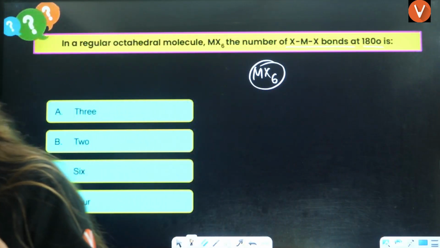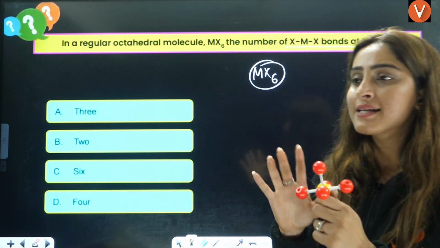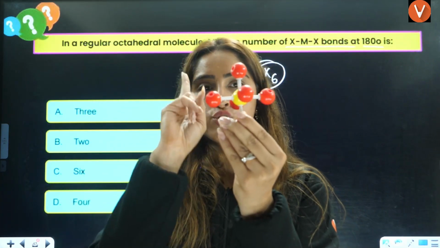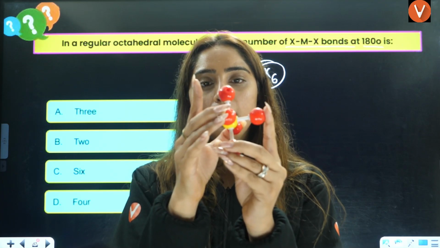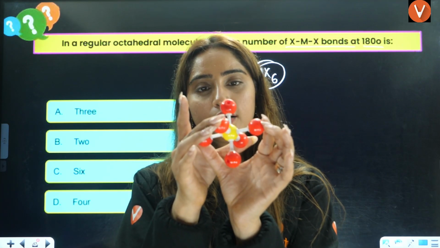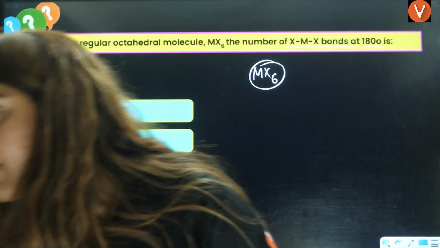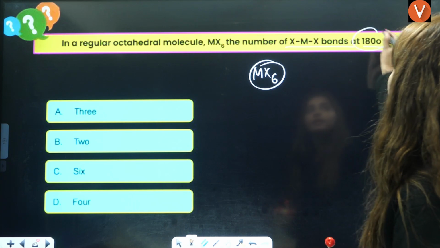For this, that is why I was saying that this thing is important for you to understand. XMX bond, XMX1, XMX2, XMX3, one set, second set, and third set, right? 3 XMX. The number of this at 180 degree they are saying, no?